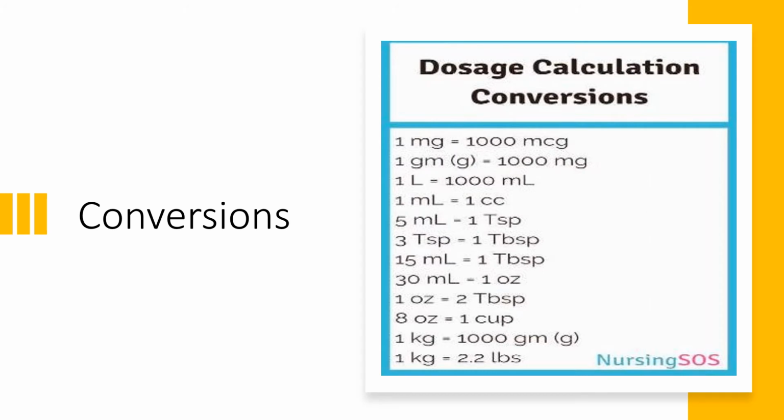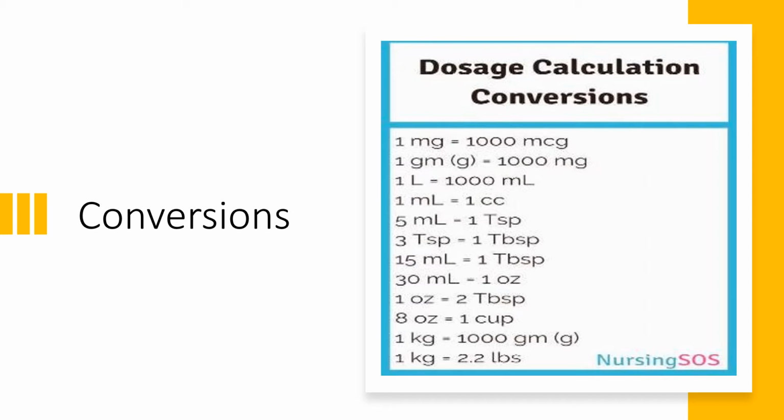We're going to use a lot of conversions in all three methods, so you're going to need to know most of these conversions. These are the common ones. Milliliters and cc's are equivalent. Some texts will refer to it as milliliters, some will call them cc's.